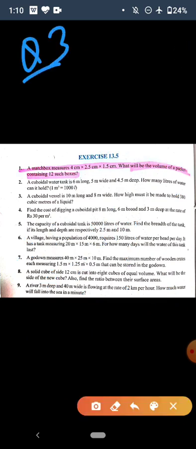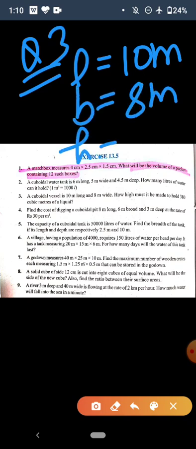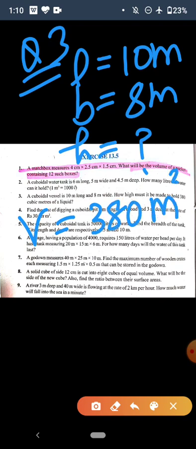Question number 3. A cuboidal vessel is 10 meter long, the length is given as 10 meter, the breadth is given as 8 meter, and height is asked. How high must it be made to hold 380 cubic meter? Cubic means meter cube. So what is the formula for volume of a cuboid?